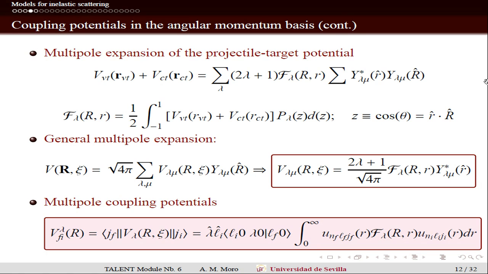So the only thing that we need are these f functions that are obtained here once we define our projectile-target interaction. So we define our valence-target interaction, core-target interaction here. We calculate these radial form factors doing these integrals, so these are one-dimensional integrals.